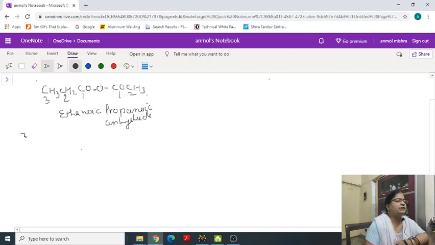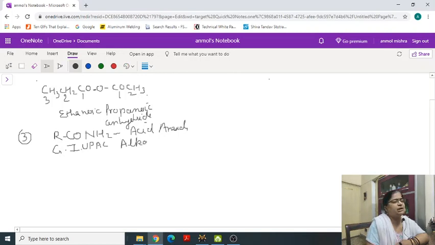Now the third derivative is amide, RCONH2. The general IUPAC name for acid amide is alkanamide.